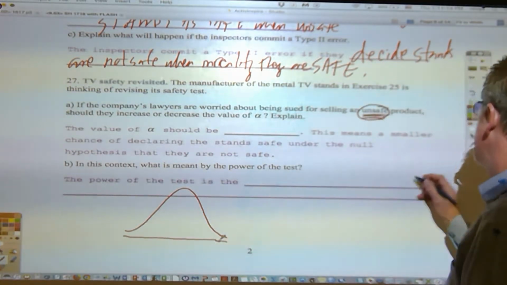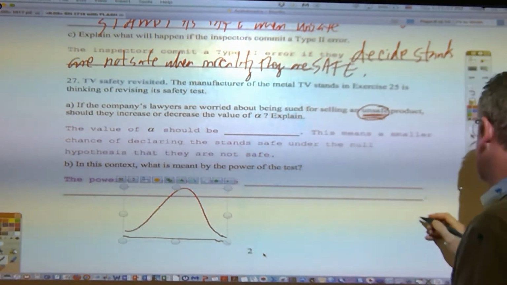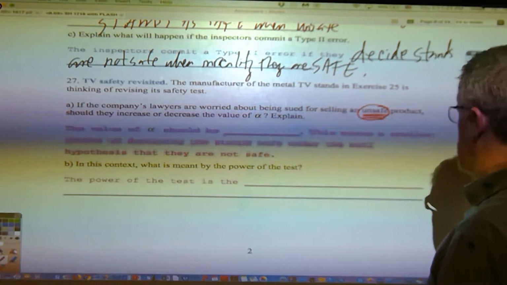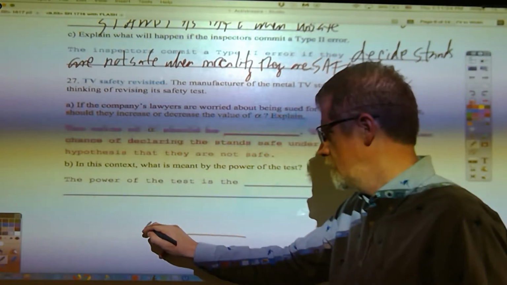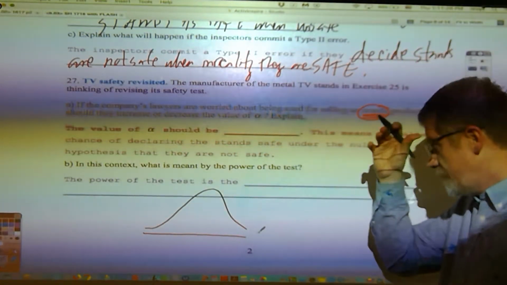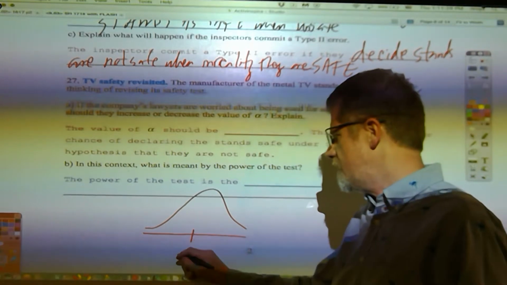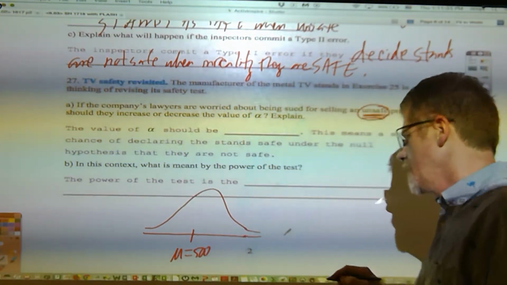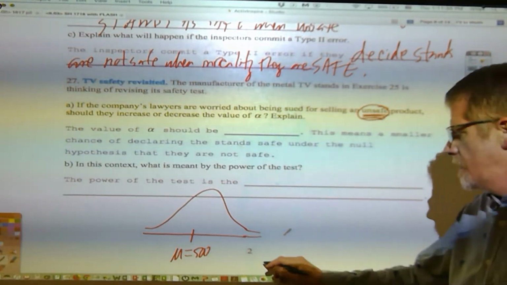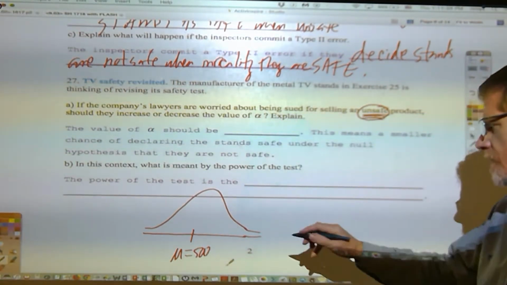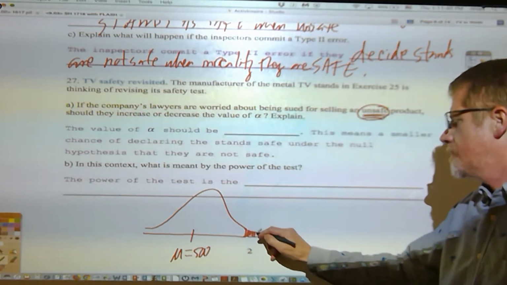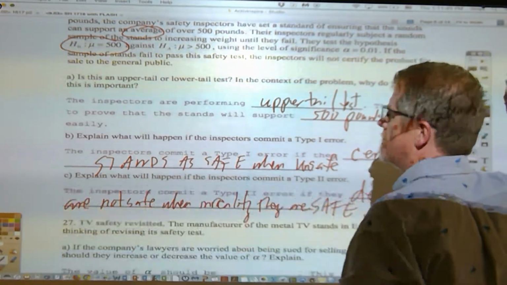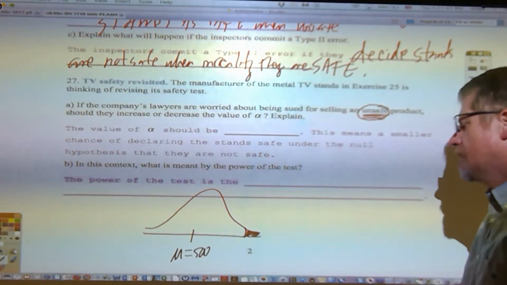So let's just draw a two-tiered picture of what happened. They declared it safe. Remember, the assumed mean is 500, mu equals 500 pounds, and the alpha level is up here because it is a one-tailed test with an alternative hypothesis.